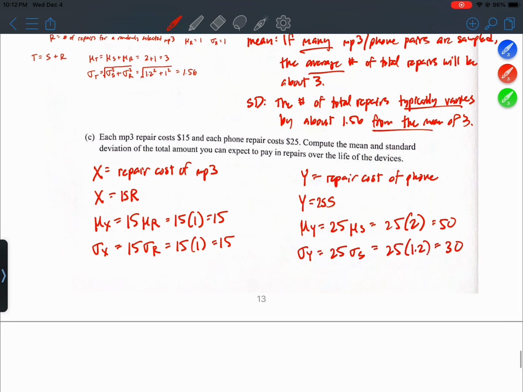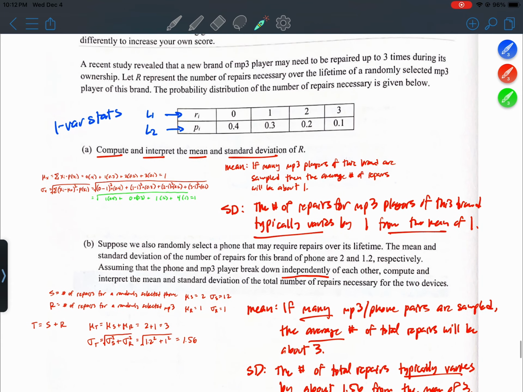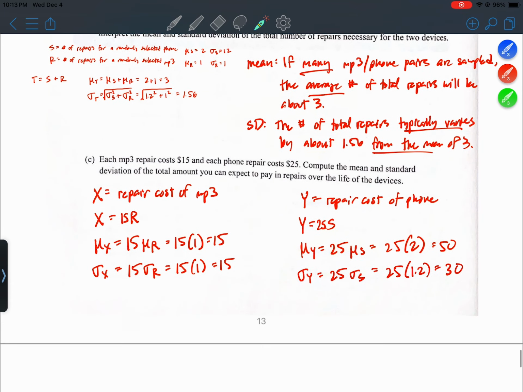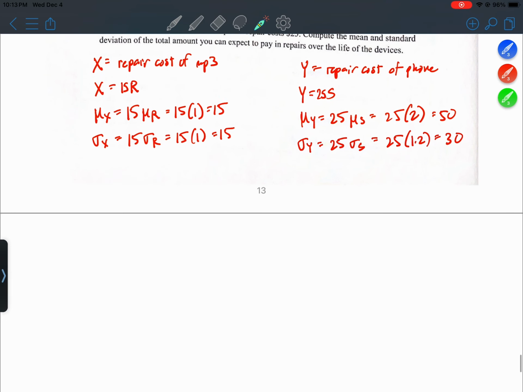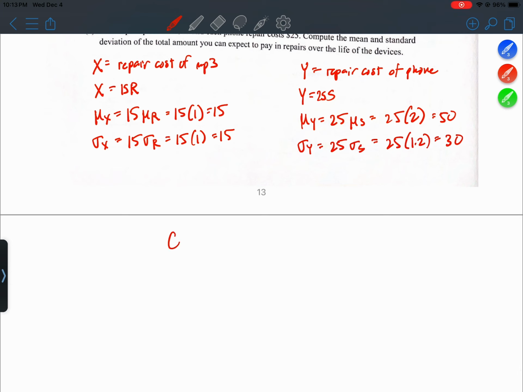All right. Now, what was the question? The question was compute the mean and standard deviation for the total amount that you could expect to pay in repairs. So the total cost. Now I'd use T, T for total, but I already used that in a previous problem. So I've got to define a new variable here. I guess I could just use C for cost. So the total cost is just X plus Y, right?